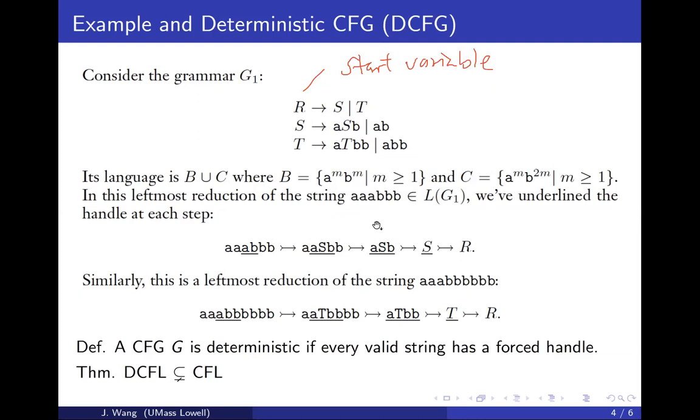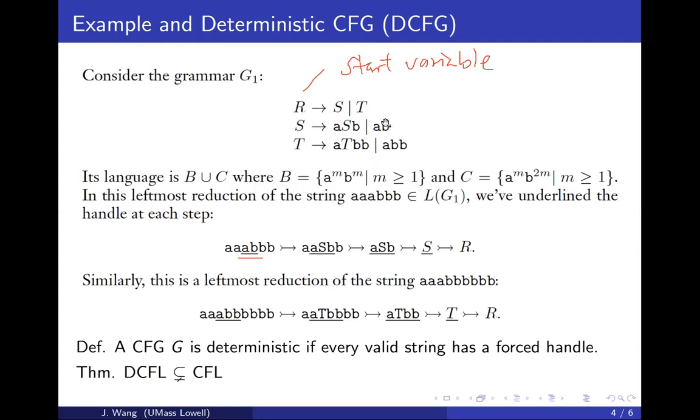Now let's see why it is ambiguous. We look at AAABBB, which is in the language. We first look at the first handle, because you could have more than one handle here. This AB is a handle, and ABB is also a handle, and also a leftmost handle. So you have two choices for selecting a leftmost handle.